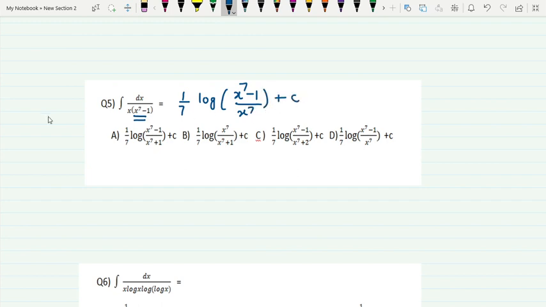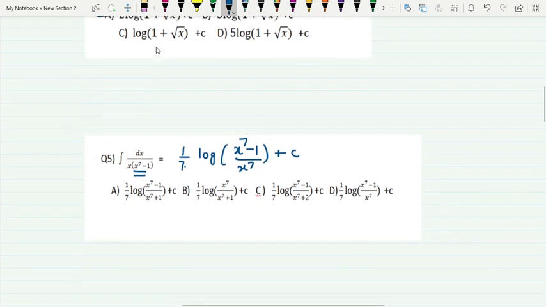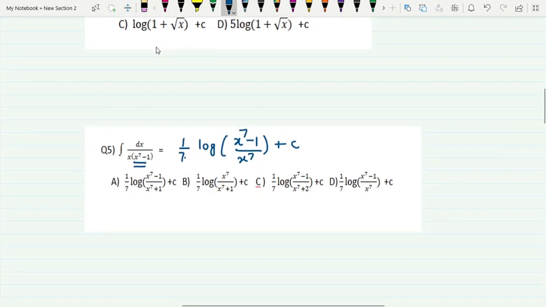This you can directly write if it is asked as a multiple choice question. Here we take 7, and log of x raised to power 7 minus 1 upon x raised to power 7. If it is plus, then write x raised to power 7 divided by x raised to power 7 plus 1. Okay, let's do here.